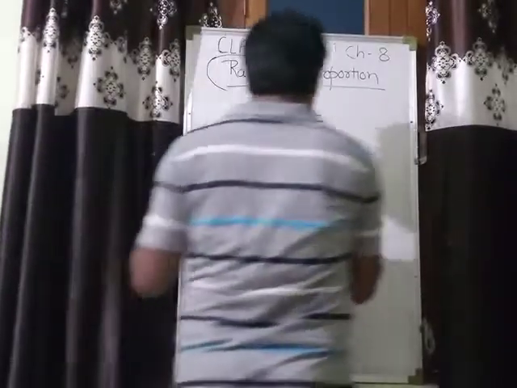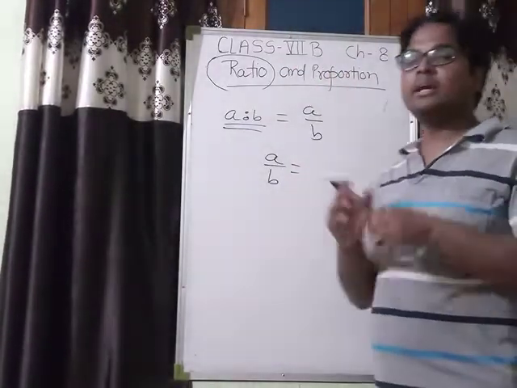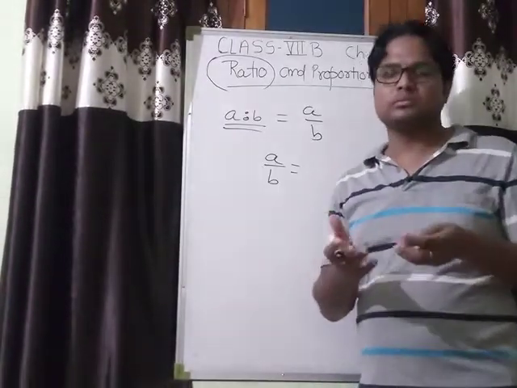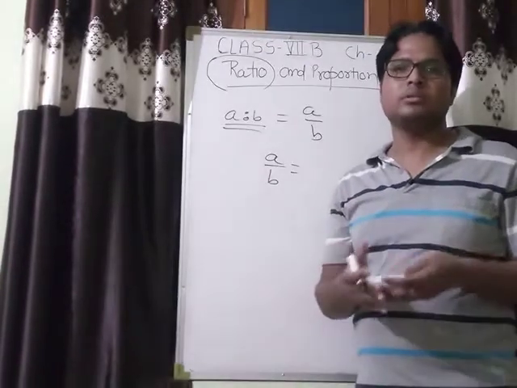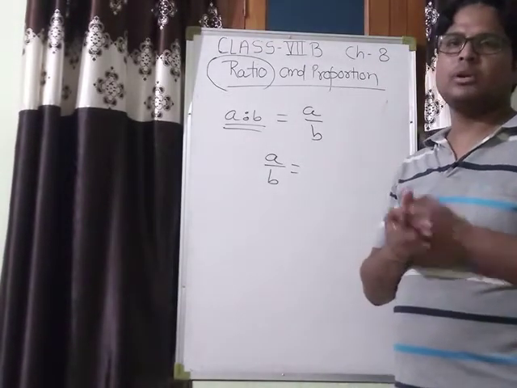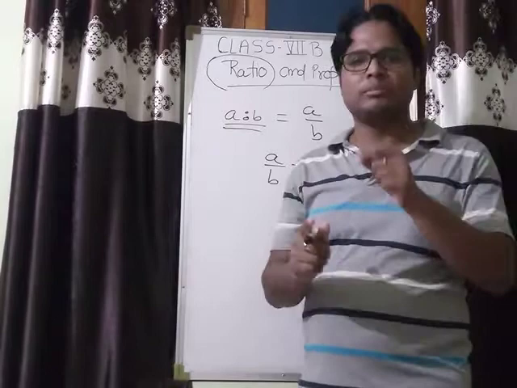When we multiply its numerator and denominator by a non-zero real number, non-zero होना चाहिए, zero से नहीं multiply होना चाहिए.